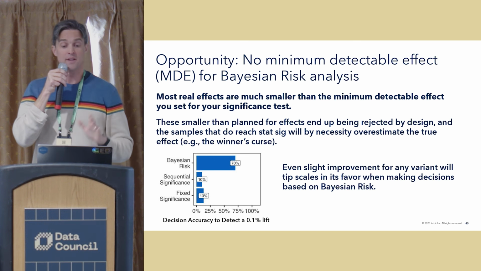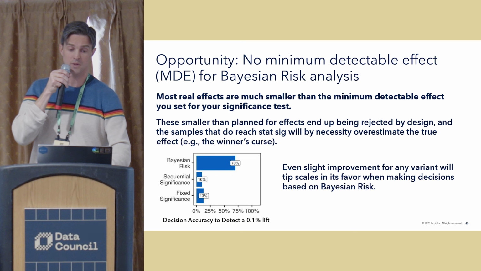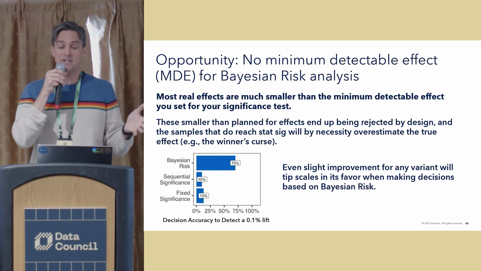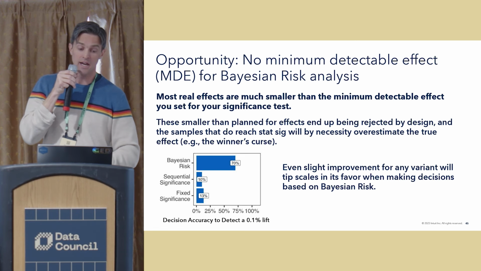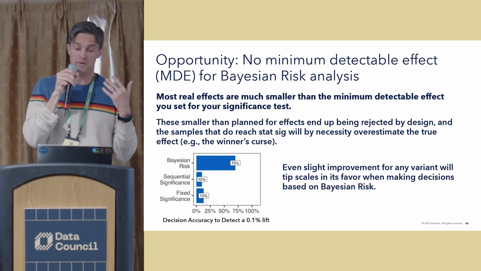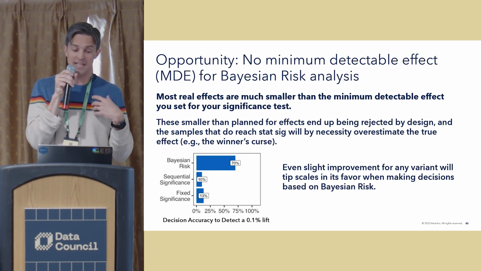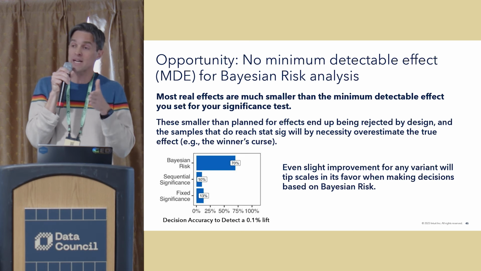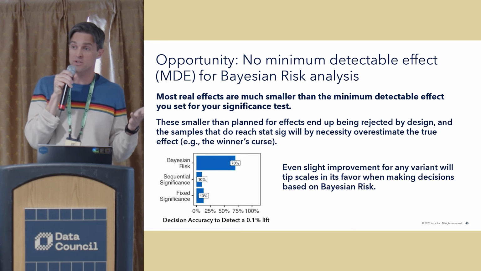Another opportunity: there is no minimum detectable effect for a Bayesian risk analysis. Just remember, most real effects are smaller than the minimum detectable effect that you set for your test. And these smaller than planned for effects end up being rejected by design. The samples that do reach stat sig will by necessity overestimate the true effect. This is often referred to as the winner's curse.